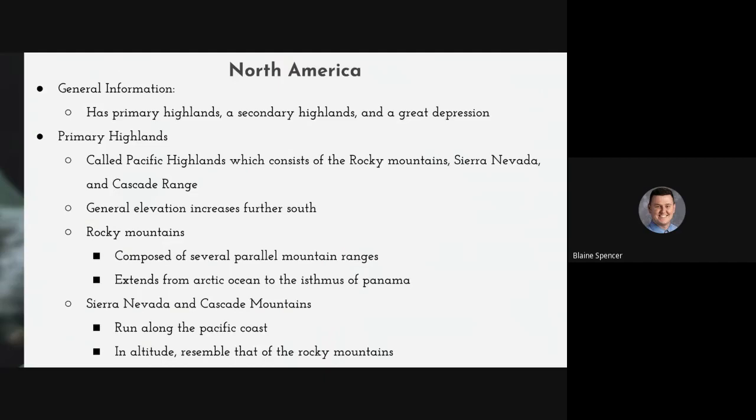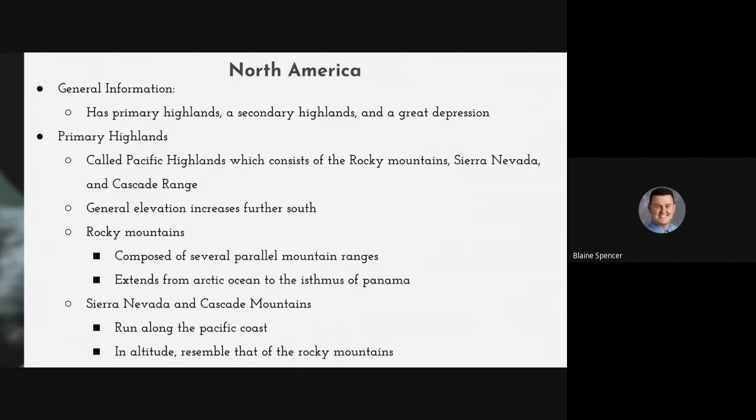The primary highlands, or the Pacific Highlands, is going to consist of the Rocky Mountains, the Sierra Nevada, and the Cascade Range. The Pacific Highlands is going to stretch from parts of Alaska all the way south. It's going to hug near California and go down to parts of Mexico. This is going to be the primary highlands.